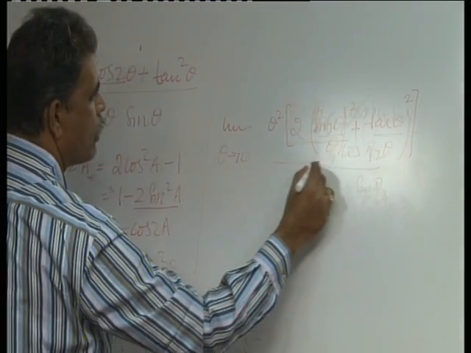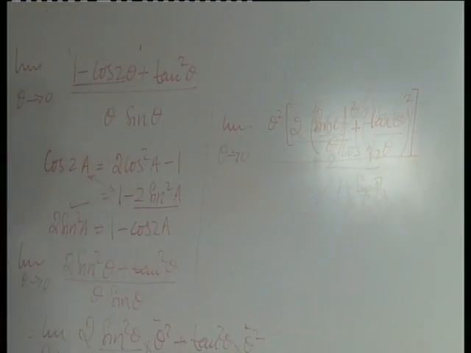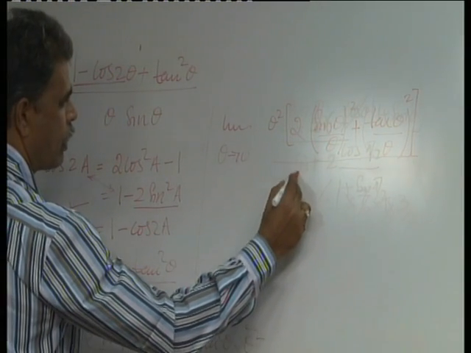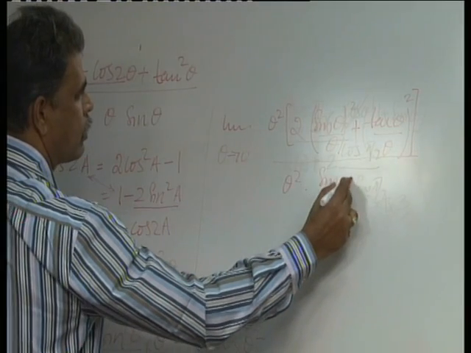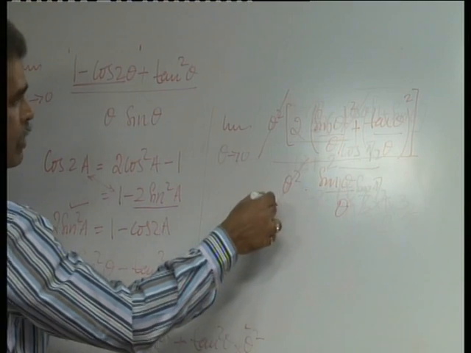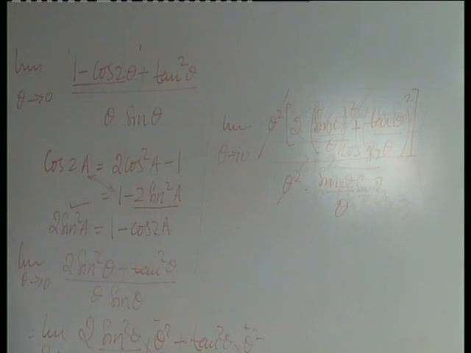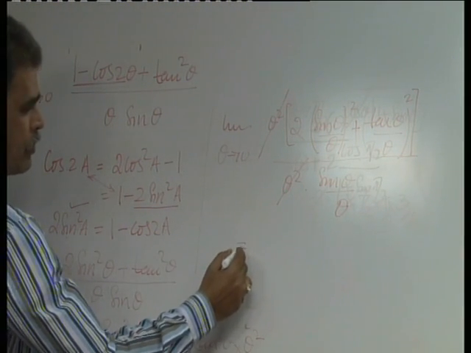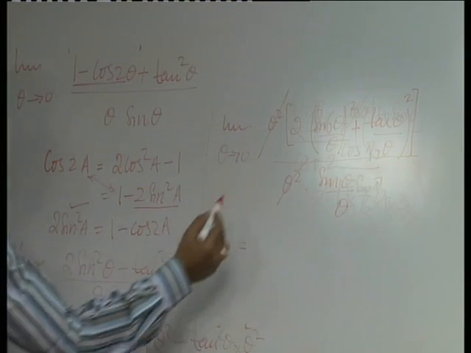I am writing in terms of standard forms, standard limits. This is theta into theta, theta square into sin theta divided by theta. This theta square gets cancelled. Then it is equal to, answer is what?